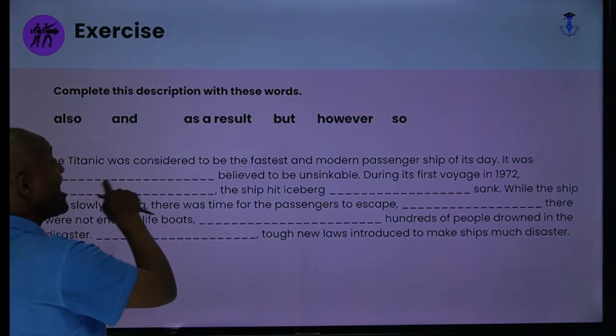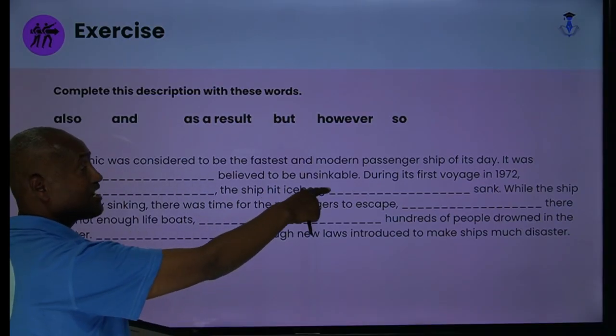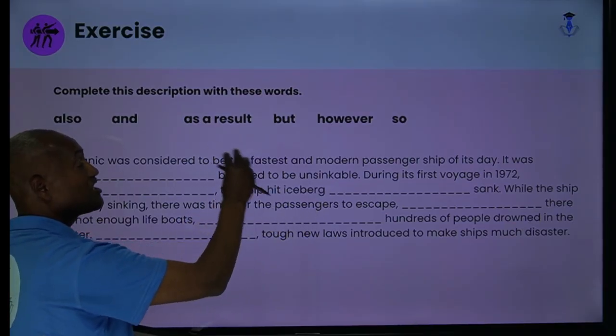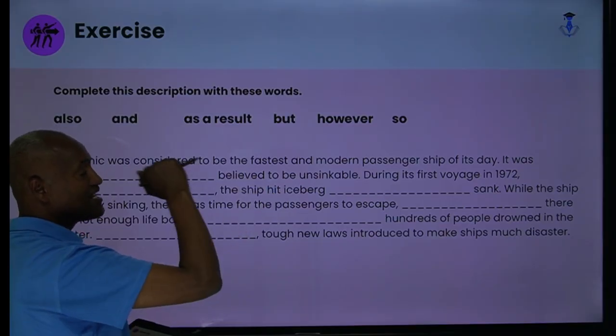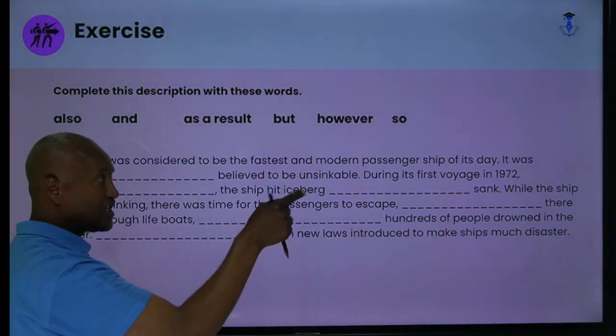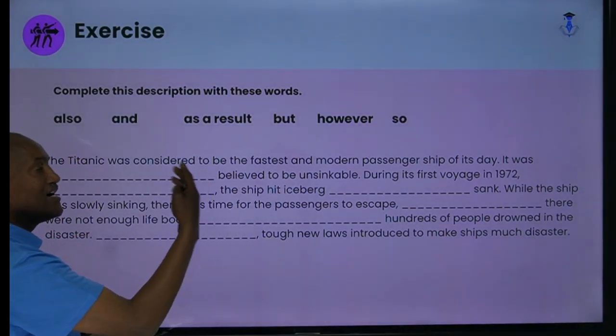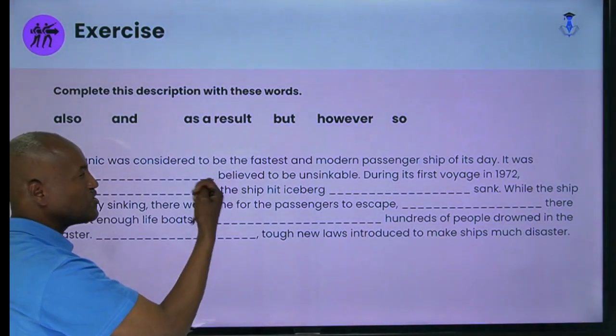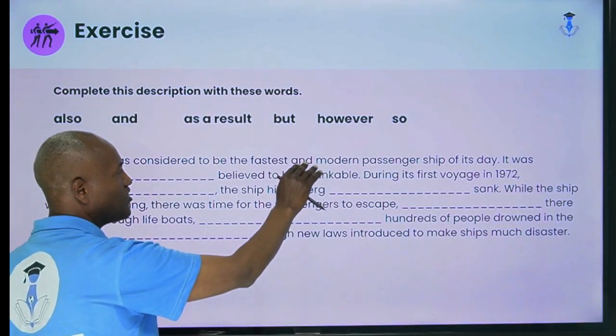It was believed to be unsinkable. Have you seen? Yes, this is telling us how much that ship is very modern and the fastest of its days. Yes, how much it has its quality, about the potential of the ship. Therefore, this is a positive idea.